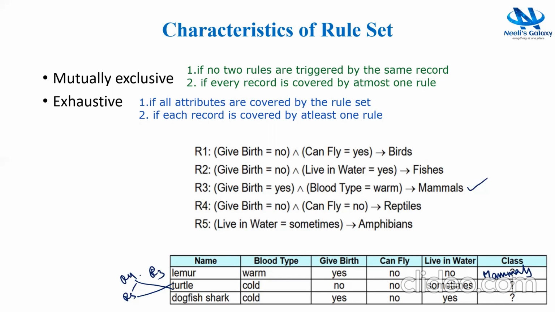That means no rule is satisfying the third record. What is the exhaustive property? Each record is covered by at least one rule, but this third record is not covered by any rule in the rule set. So this rule set does not obey the exhaustive property. Some rule sets follow neither the mutually exclusive property nor the exhaustive property, which should be avoided.